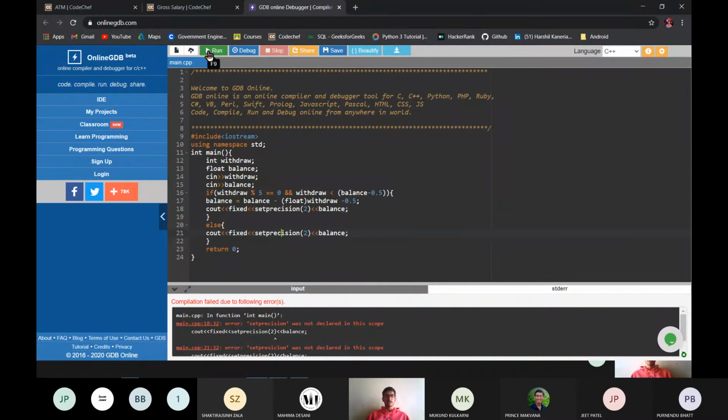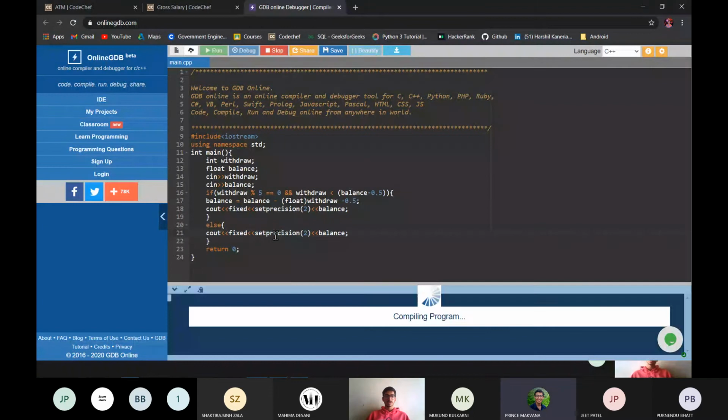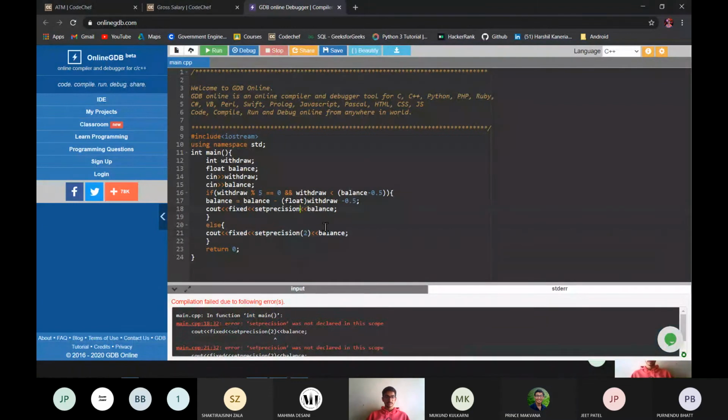Let me clear this and set cout line precision. Fixed, set precision 2. Like this.